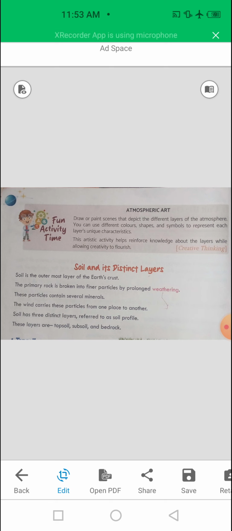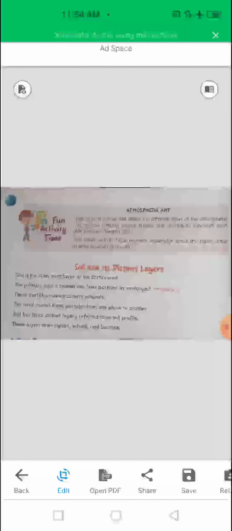Now let's move on to the next topic, that is soil and its distinct layers. So students, do you know how soil is formed and what soil is? Soil is the outermost layer of the earth's crust.